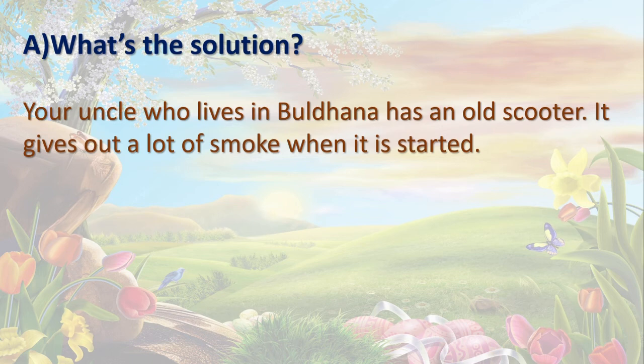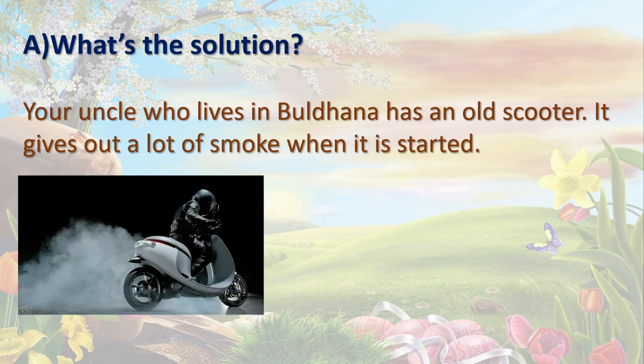Whenever the uncle starts this old scooter, it gives out a lot of smoke. Yes, dear children, tell me what to do with this scooter. See the scooter. It is giving a lot of smoke. Come on, tell me the solution. I know that you have the solution.